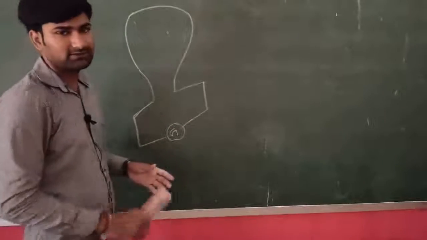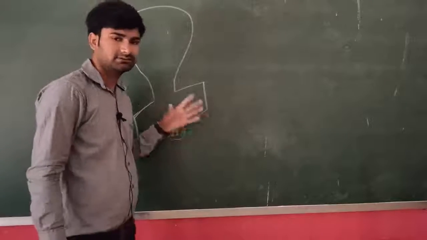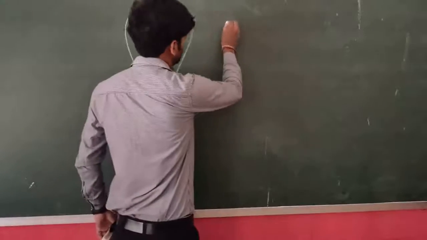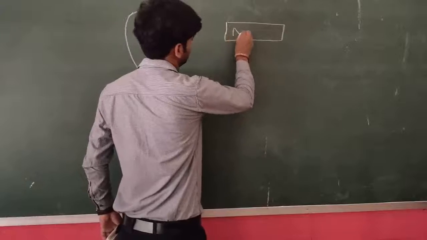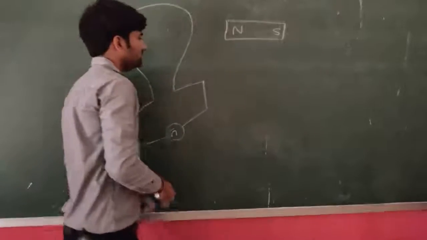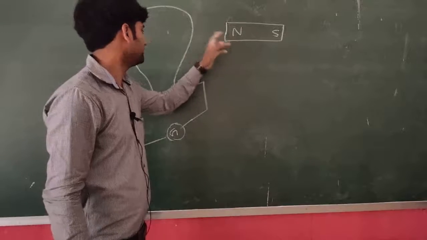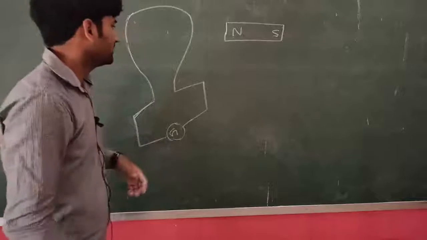Galvanometer is a device by which we can detect current in any circuit. Okay. Suppose I have a bar magnet, N and S. This bar magnet and coil are placed close to each other.